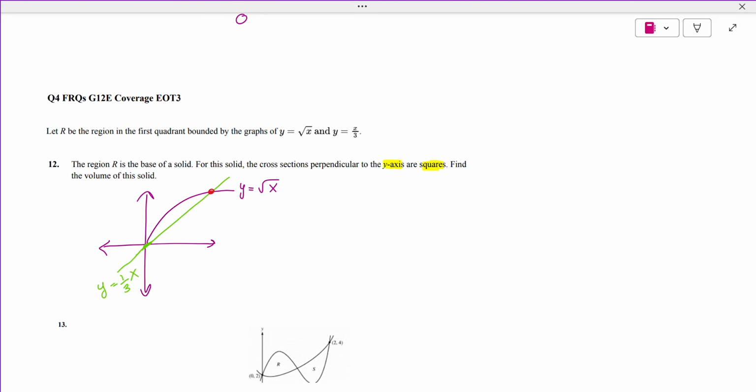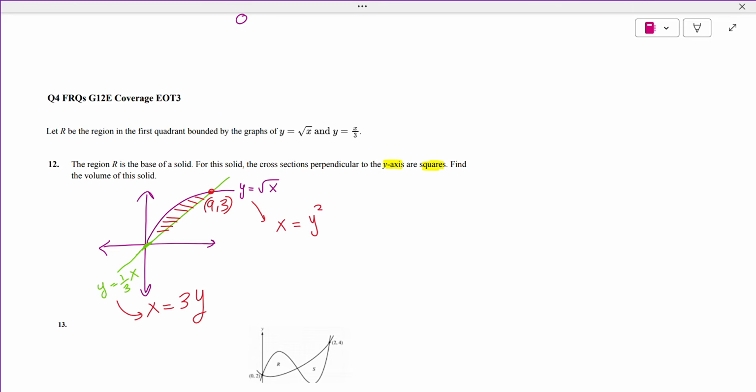It will be 9, 3. Now, in the area we are interested in, we need to isolate x, so x will be y squared and x will equal 3y.